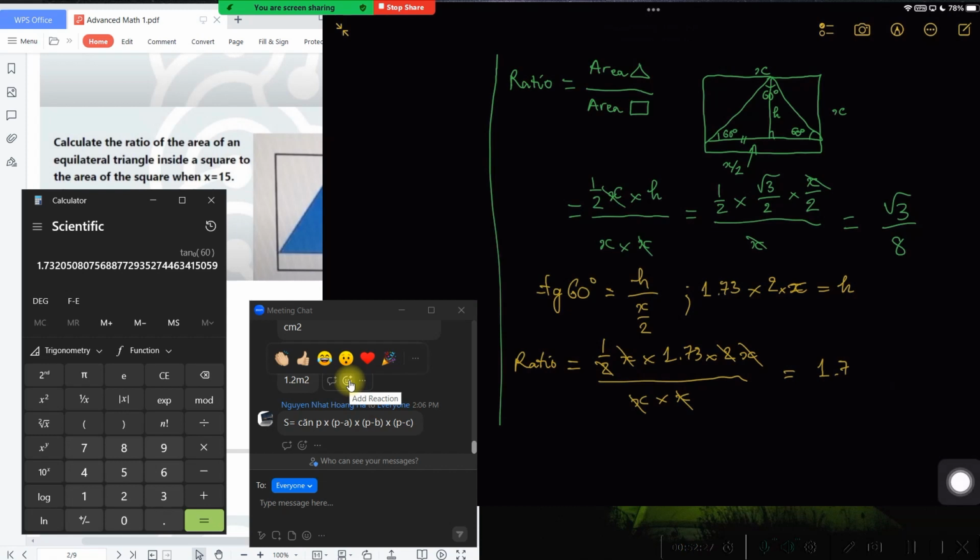Oh, this one has to be divided by 2, not times 2. I got it wrong over here. So 1.73 divided by 2, it's 0.866x.